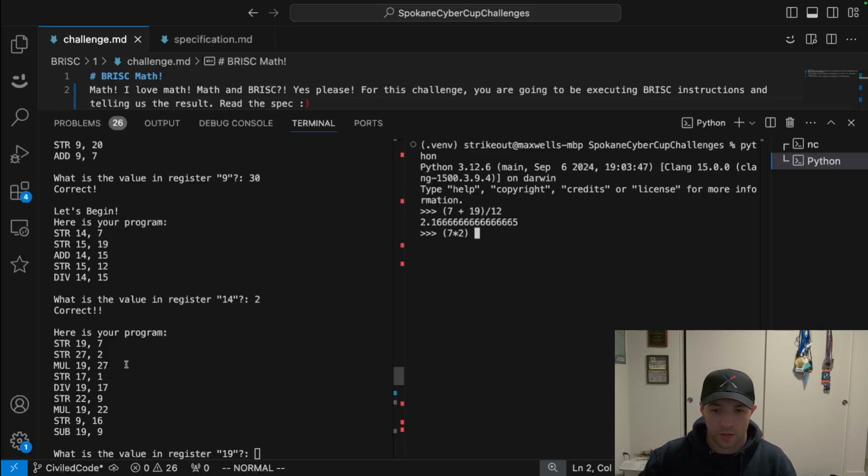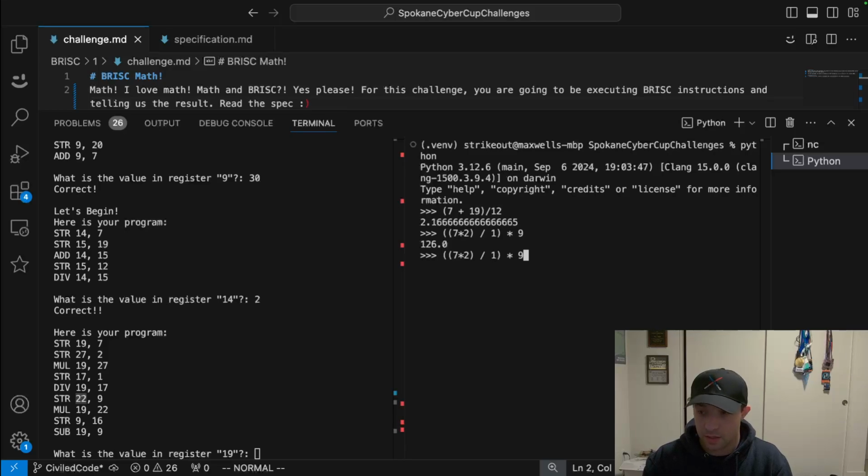And then we're going to store 1 in 17 divided by that. So then divided by 1. And then we're going to store 9 in 22 and then do the result of that division, which of course is just going to be 14 from before, times the 9. So we do times 9.